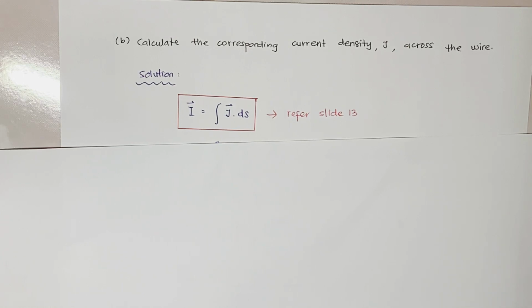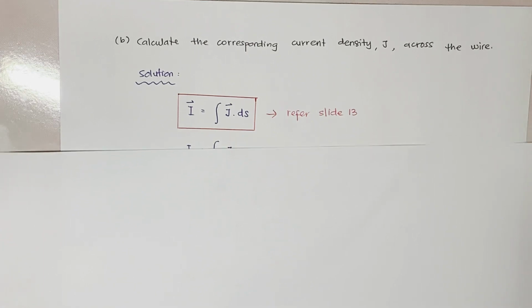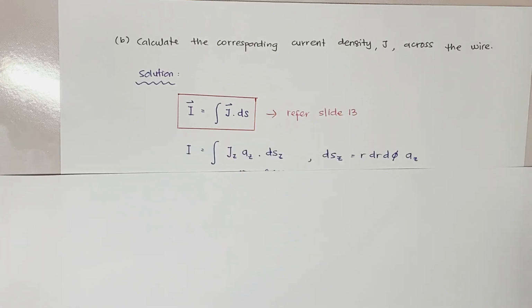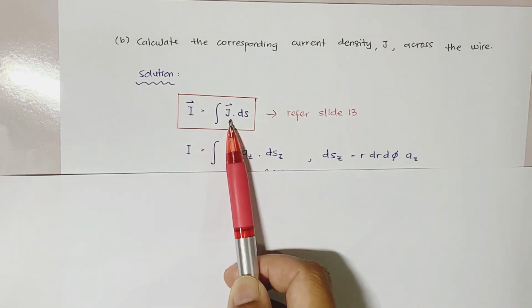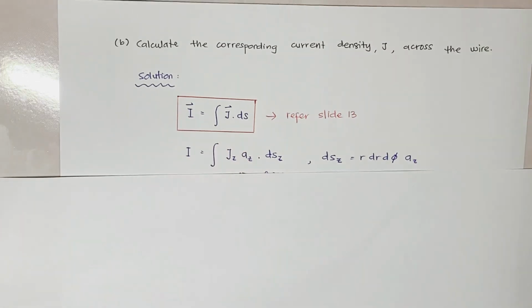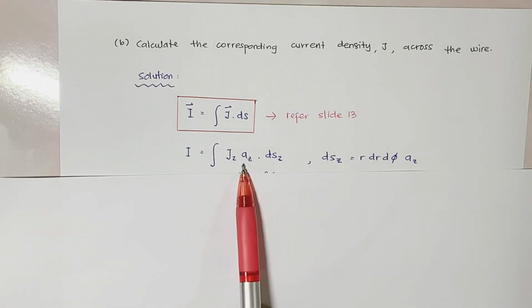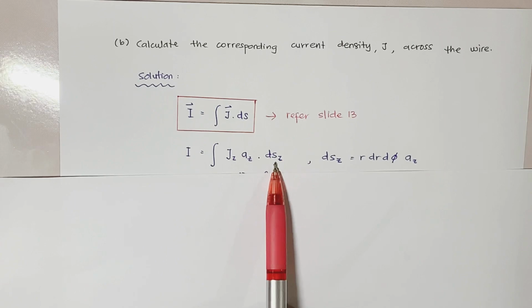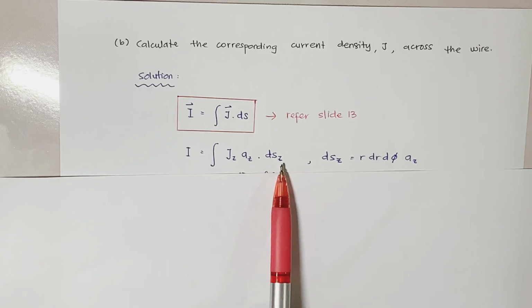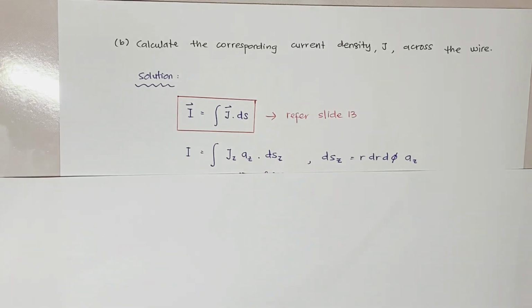I equals the integration of J dot dS. You already know that vector J is Jz az, and the differential surface is towards the z direction.